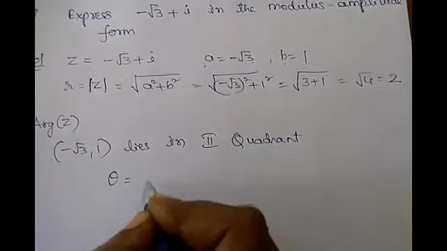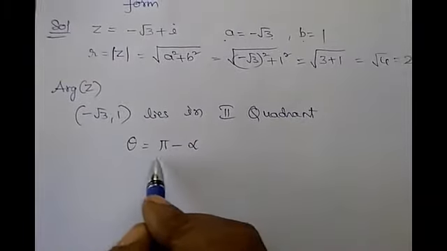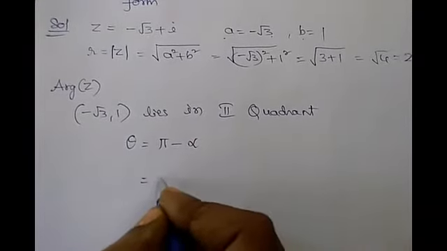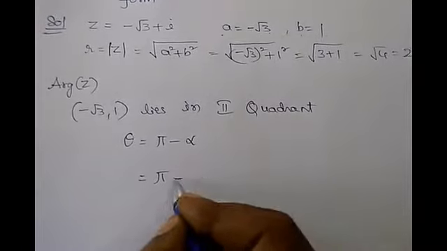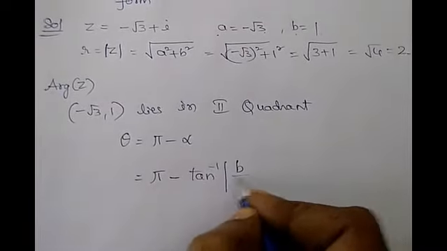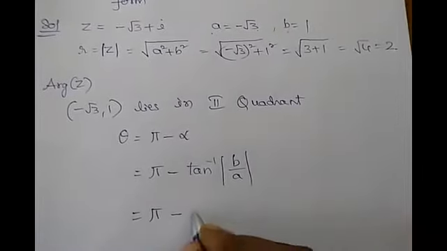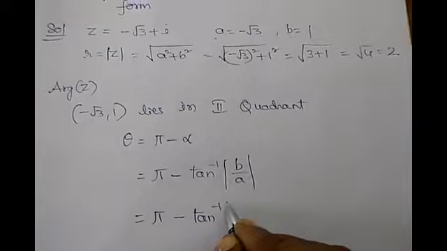Theta equal to pi minus alpha. That is pi minus alpha, where alpha means tan inverse modulus of B by A. That is equal to pi minus tan inverse of B by A.